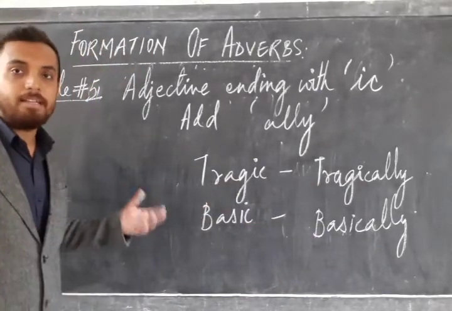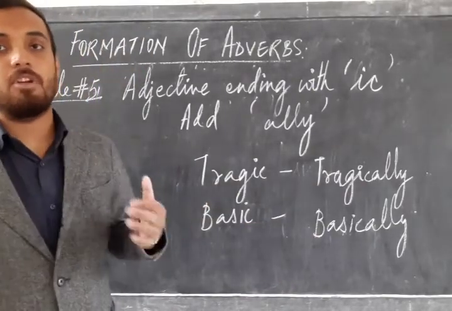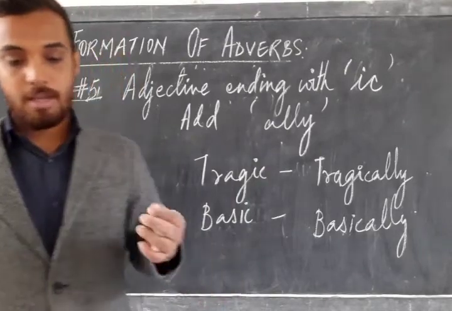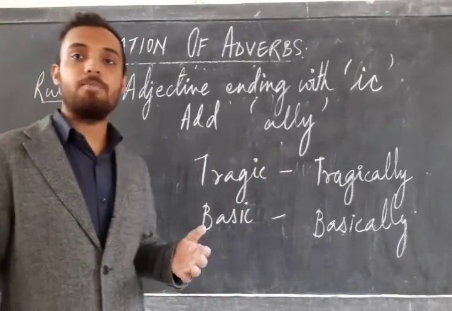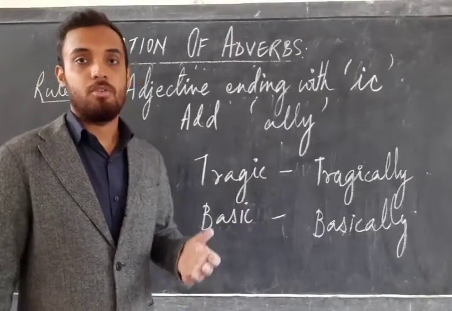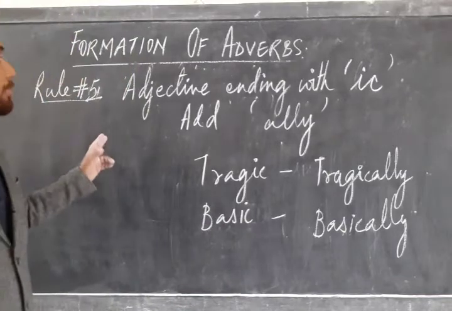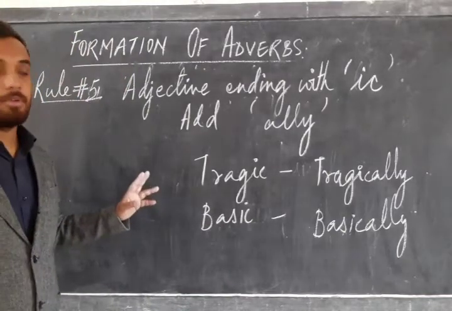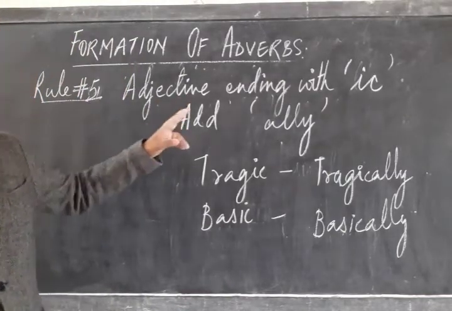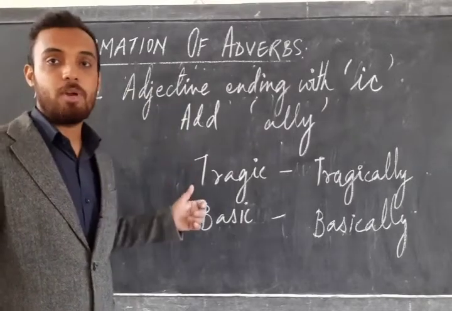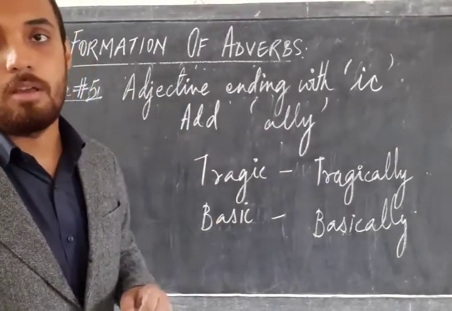Dramatic becomes dramatically. Energetic becomes energetically. So these are the examples of rule number 5, where for adjectives ending with IC we have to add ALLY.